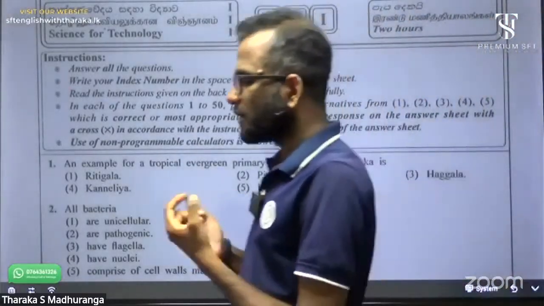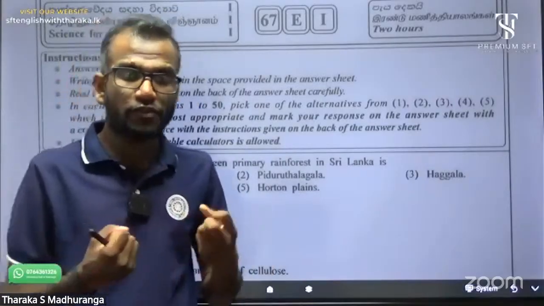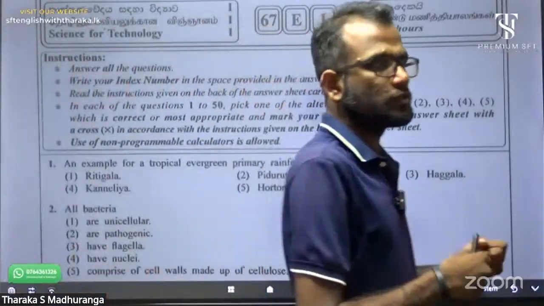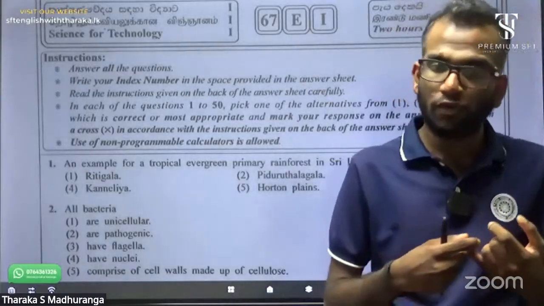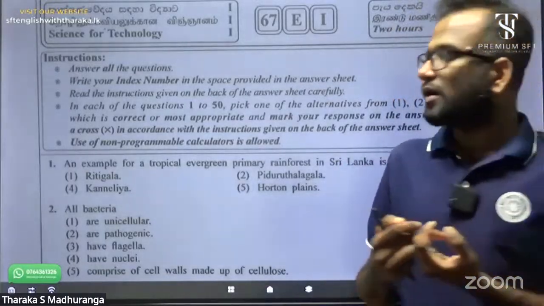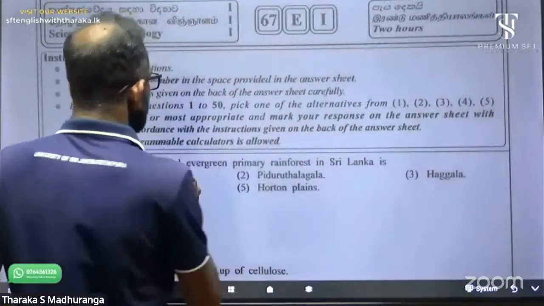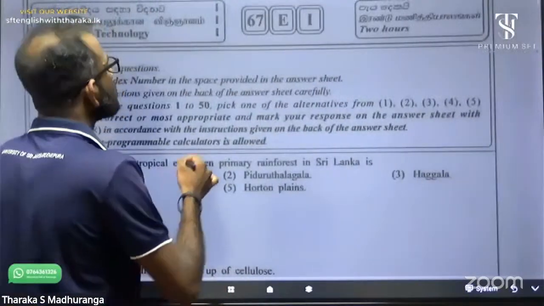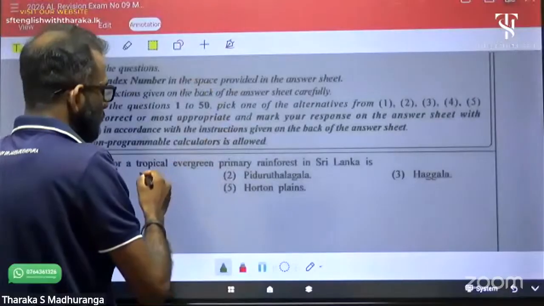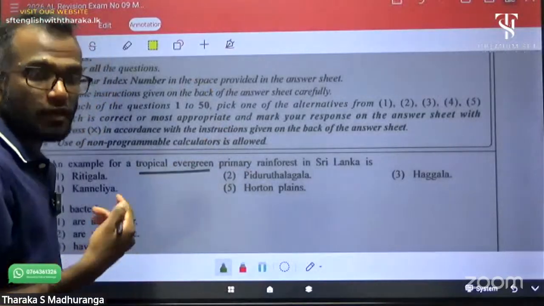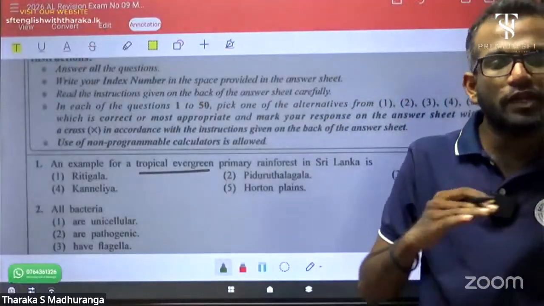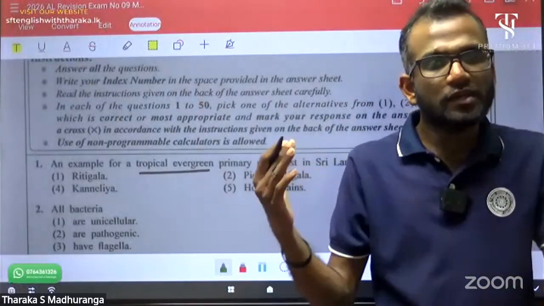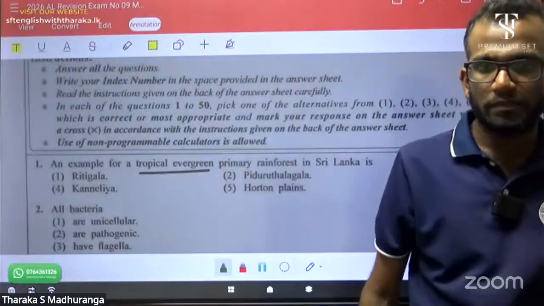Primary forest means it's a natural forest without human involvement. And it's tropical evergreen. Tropical evergreen, we call another name wet evergreen. Evergreen means throughout the year it's green in color.